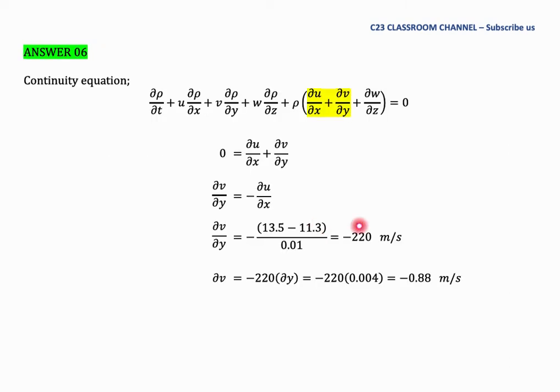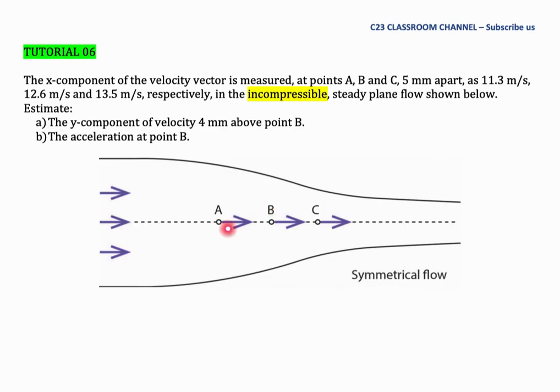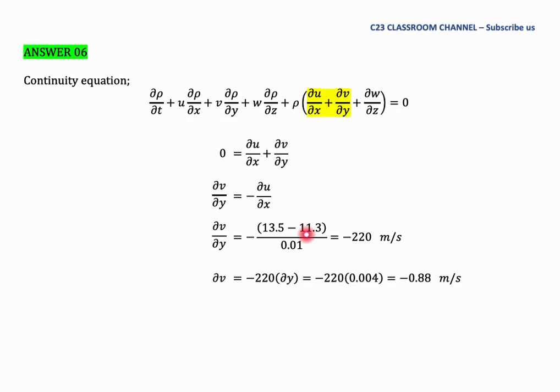So we have 13.5 minus 11.3, and the del x here is actually the gap between point A and point C, because it is 5 millimeters apart. So the total from A to C is 10 millimeters, which equals 1 centimeter. So we write it down as 0.01 meter here. So we get del v over del y equal to minus 220 meters per second.